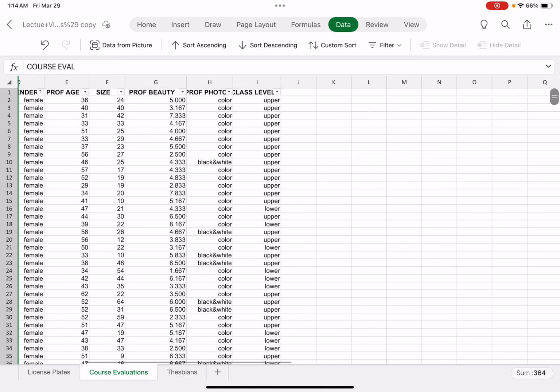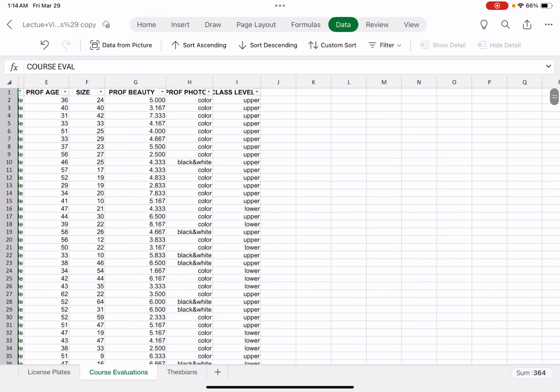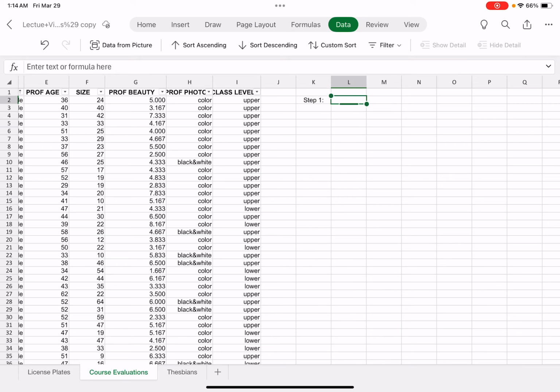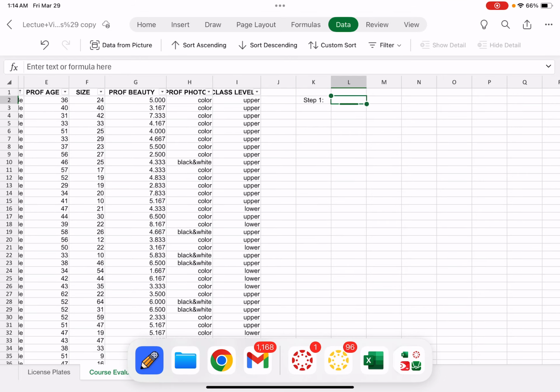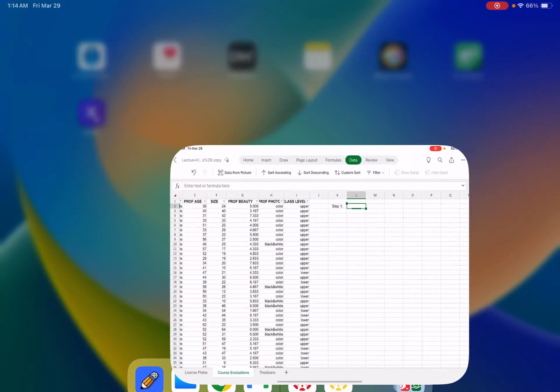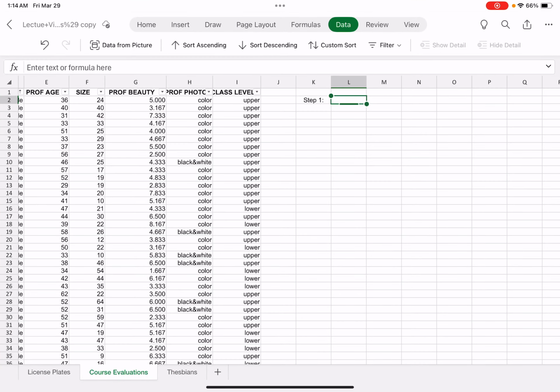Let's go ahead and get started. Step 1: what's the original claim? The original claim is that they're equal. We're testing the claim that the two samples are from the same population, so the mean is the same.